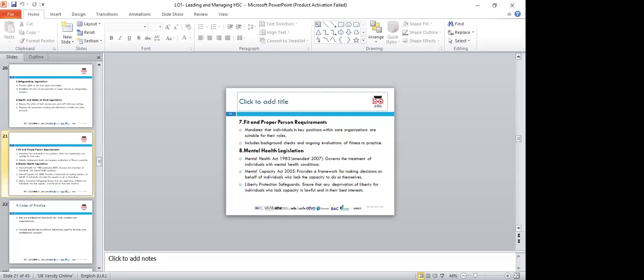The Liberty Protection Safeguards ensure that any deprivation of liberty for individuals who lack capacity is done lawfully and within their best interest. So even that still needs to be done in their best interest, even if they cannot speak.